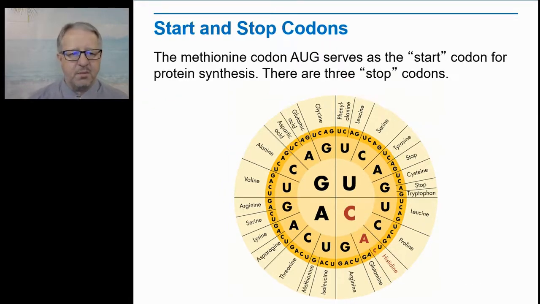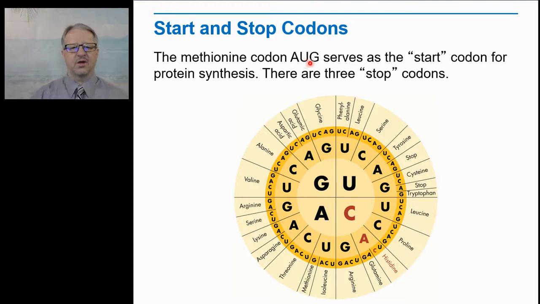Now, I told you a moment ago about a codon called methionine, and it's right down here. And it is a special codon. It is AUG. Notice that is the only codon that will code for methionine.